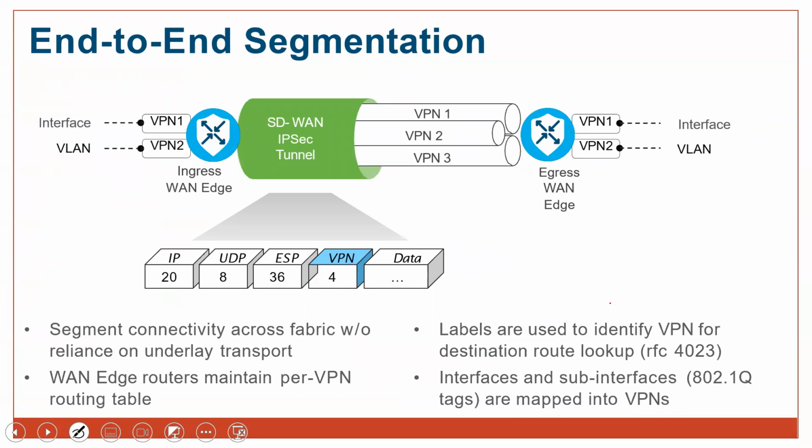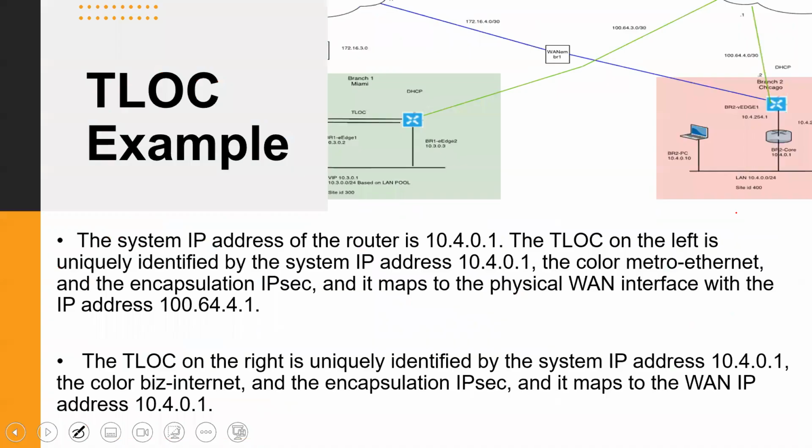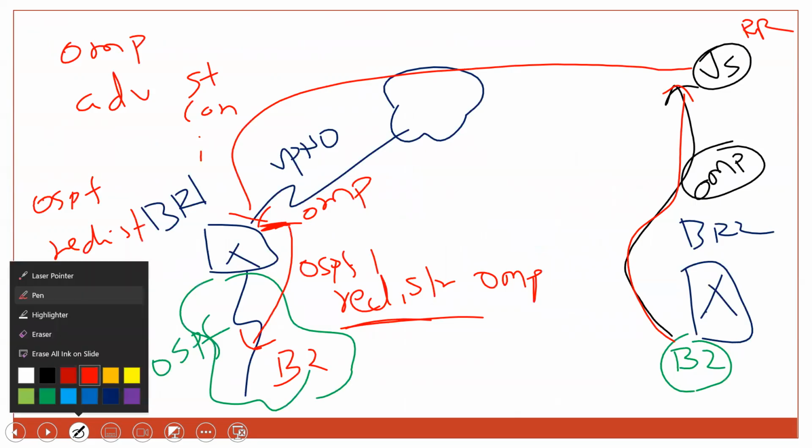Now you can see that over the VPN 0, you have multiple VPNs, VPN 1, VPN 2, VPN 3. This is called segmentation. Although it is not clear in this diagram, what exactly segmentation is, is that you have VPN 10, suppose 10, 20, 30.